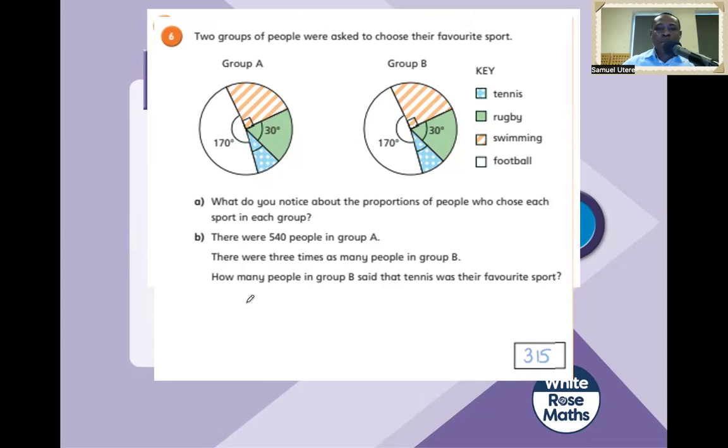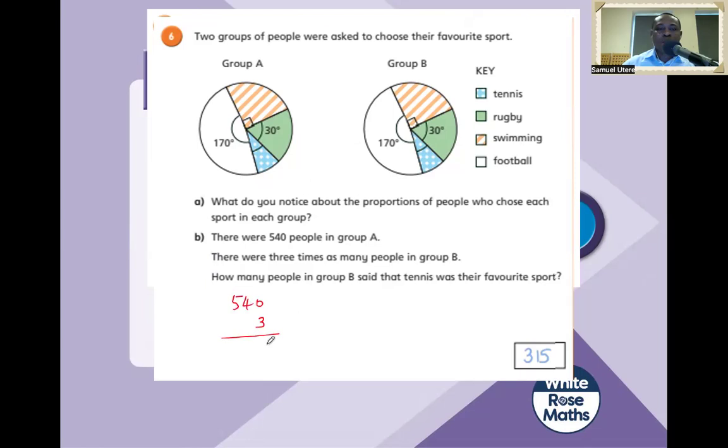How many people in group B said that tennis was their favorite sport? So first step, you can do 540 times 3 to get the number of people in group B, because group B is 3 times more than group A.